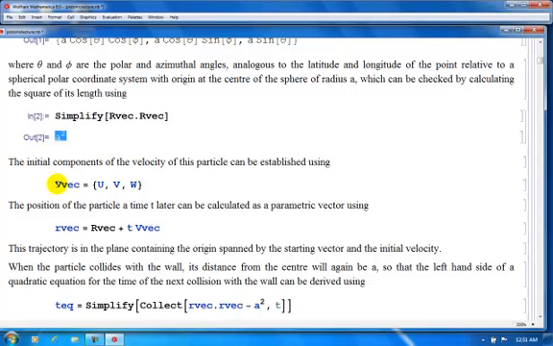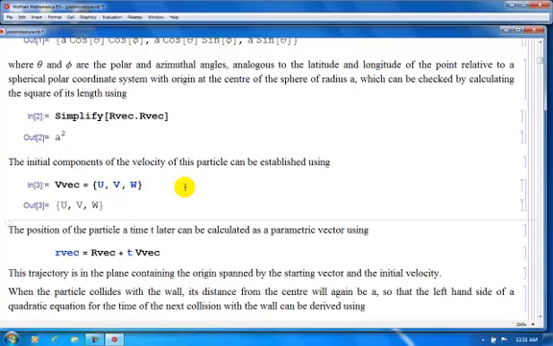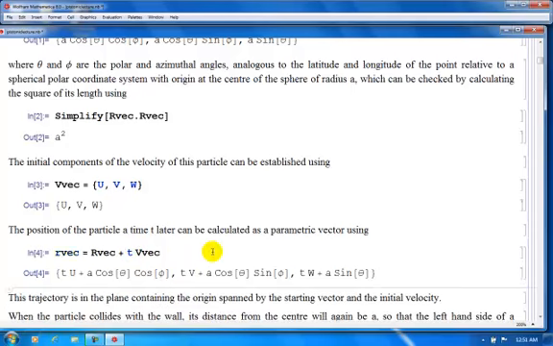And now we can define the velocity of the particle in general using these coordinates, u, v and w, and then the parametric vector equation of the trajectory of the particle we can write as the initial vector plus t, which is a parameter and is actually time, times the velocity vector. So let's do that and think a bit.